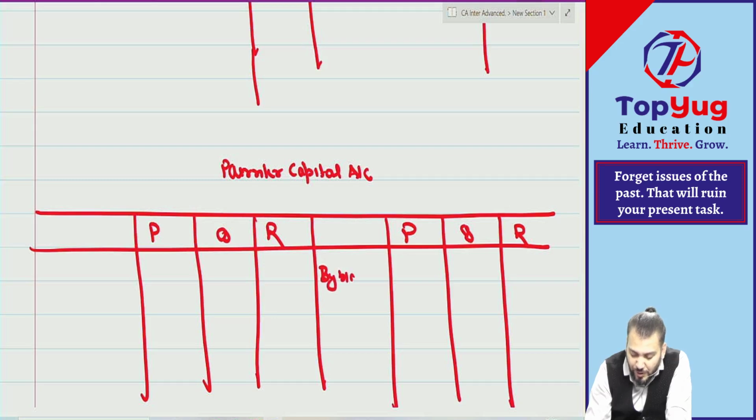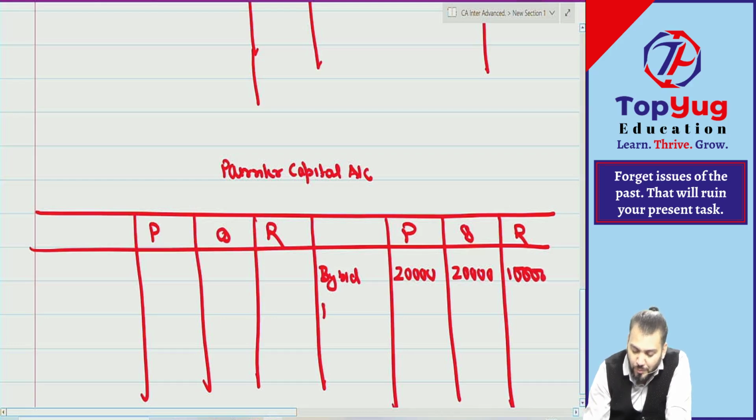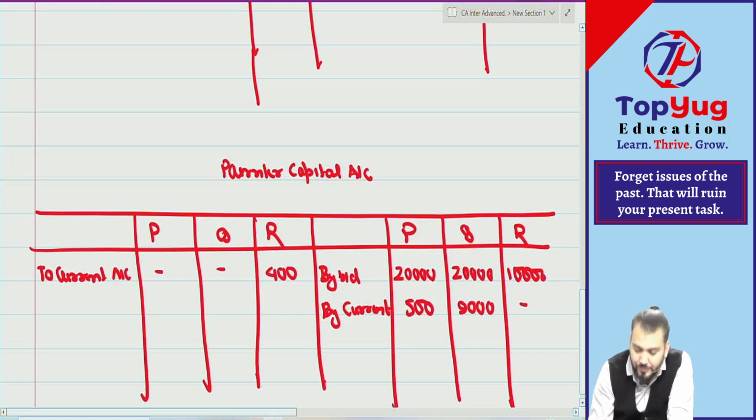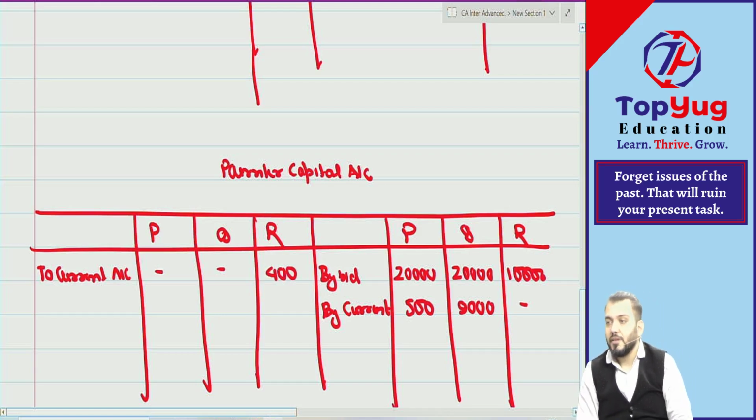By balance brought down, 20,000, 20,000 and 10,000. Then they have given the opening current account credit balance. By current account, how much? P 500, Q 9,000, R 400. Understanding? Correct.